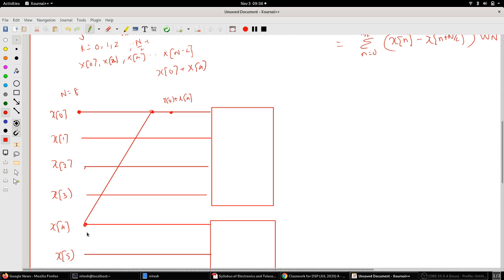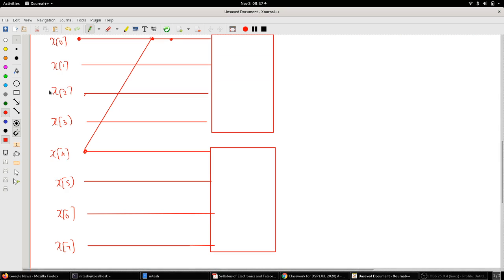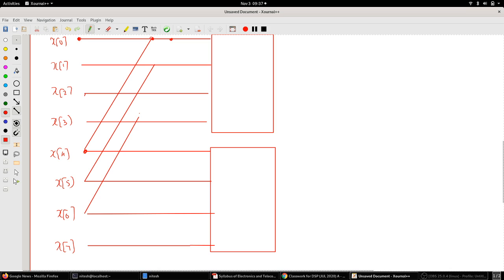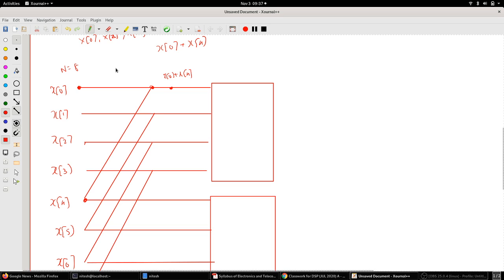In the same way, this side is actually calculating all the even sequences of x of k.